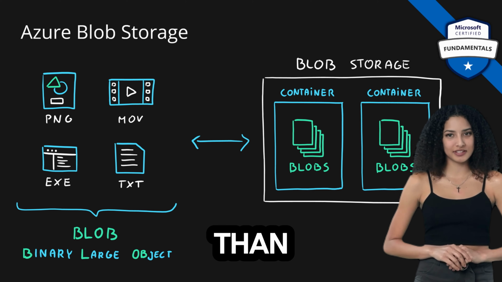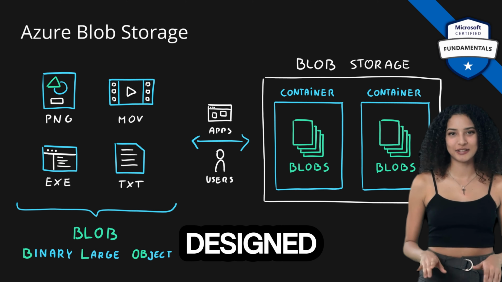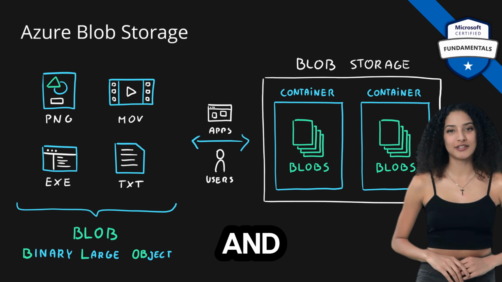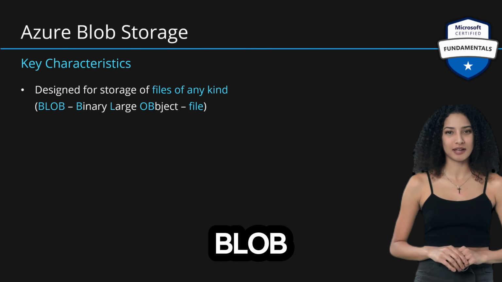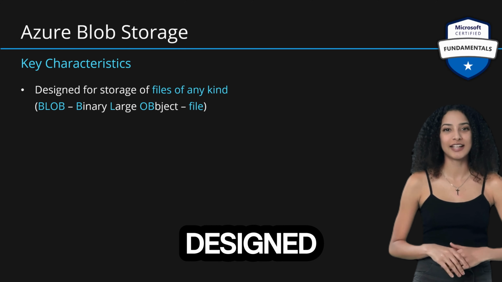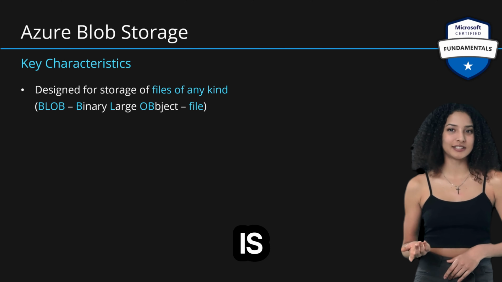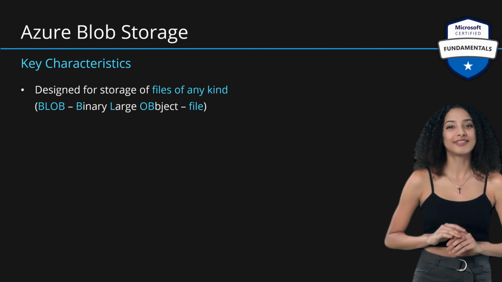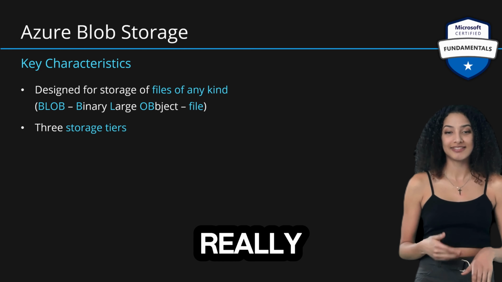You can have more than one container within an Azure Blob Storage account. It is designed to allow both applications and users to work with unstructured files in the cloud. So Azure Blob Storage is simply a service designed to store any kind of file in Azure. Remember, blob is just a synonym for file, because a binary large object can represent anything really.